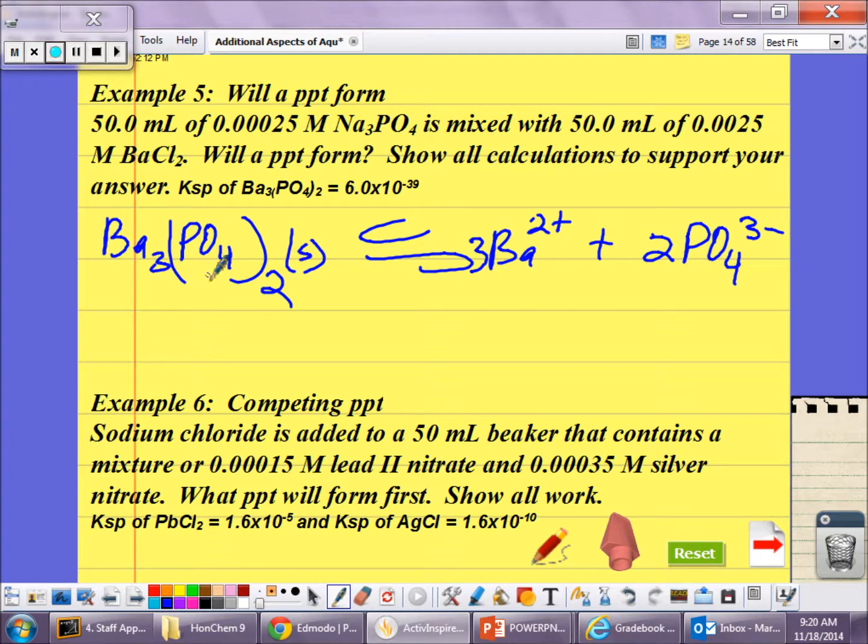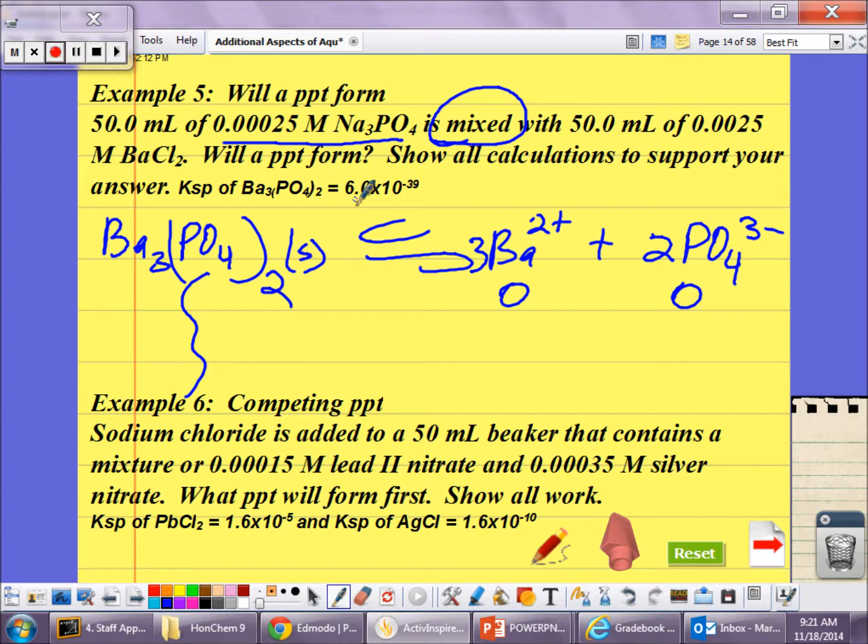We said yesterday this is a solid, we don't care. Now we need the concentration of barium and the concentration of phosphate. The initial is 0, but now our X, the concentration of barium. Now, if you remember a few minutes ago, I told you whenever it says mixed, you have to be extremely careful. Because if you started with a concentration of 0.0025 mole phosphate, now it's no longer that concentration because I'm mixing 2 different things.